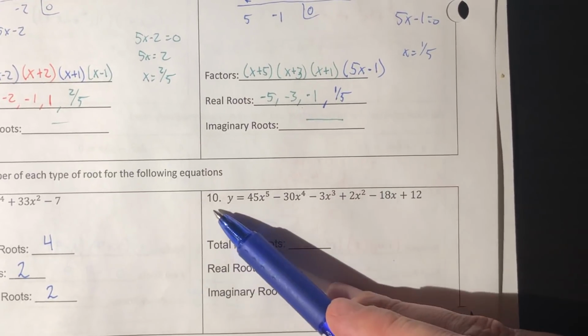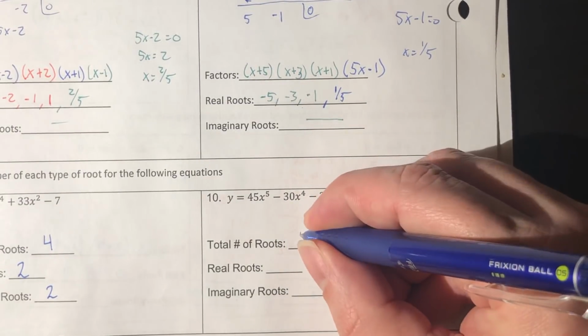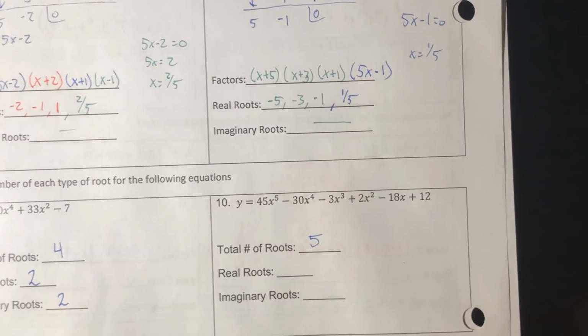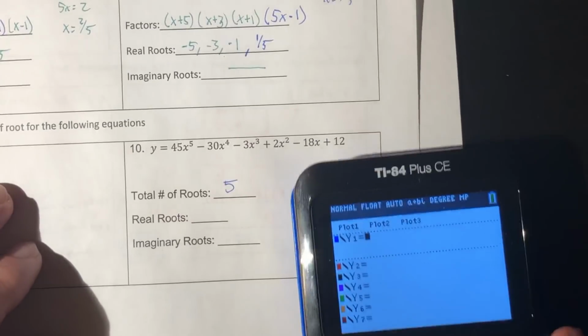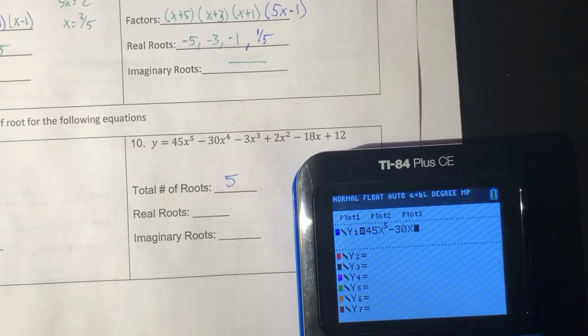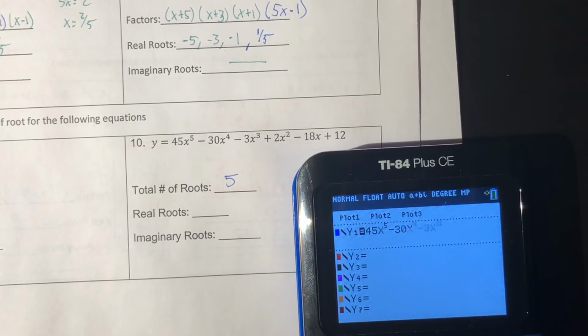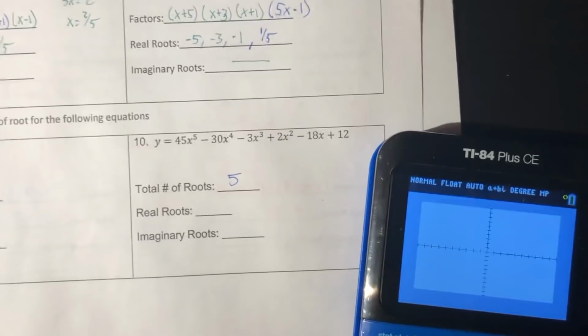On this one, highest degree is 5. So that is my root total. To figure out the real compared to the imaginary, type the equation in. So I've got 45x to the power of 5 minus 30x to the power of 4 minus 3x cubed plus 2x squared minus 18x plus 12.